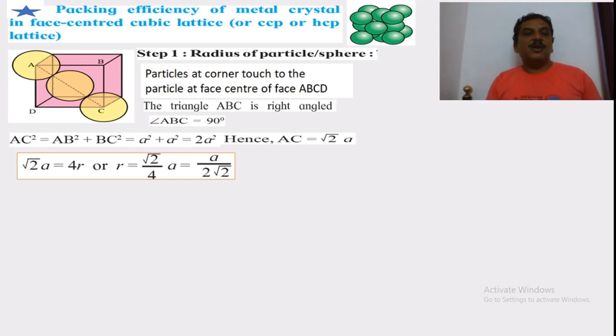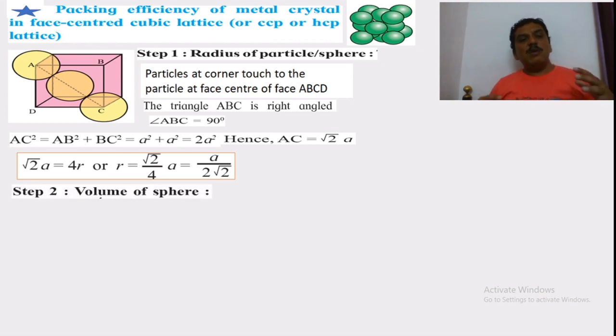This is the relationship between R and a. You have to remember this value because it will be required in the calculations in different problems. We will see the problems later, but this is the relationship between R and a.